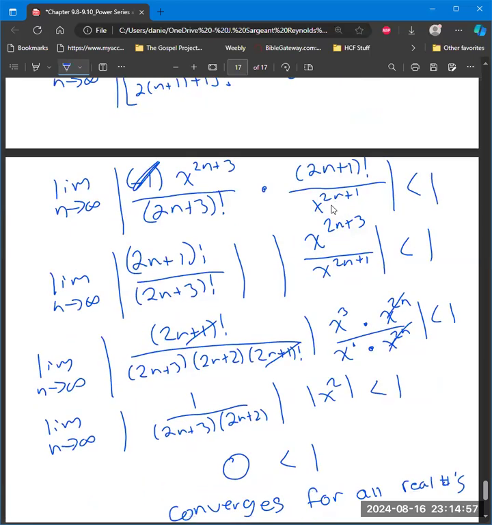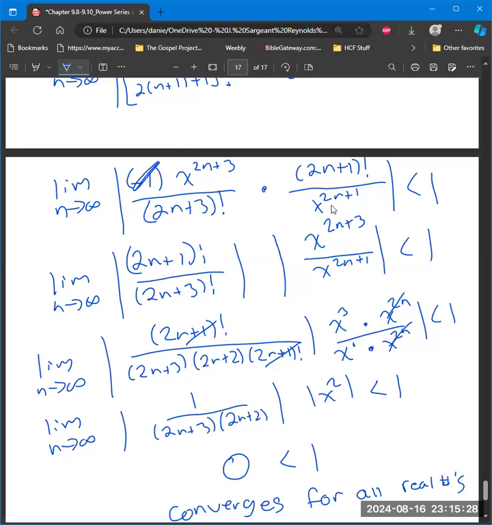And I'm going to get the n parts together, 2n plus 1 factorial in the numerator, 2n plus 3 factorial in the denominator. And then I have x to the 2n plus 3 divided by x to the 2n plus 1, which is going to give me x squared left there. When I expand the factorial here to get down to 2n plus 1 factorial from 2n plus 3, I have 2n plus 3 times 2n plus 2 times 2n plus 1 factorial.